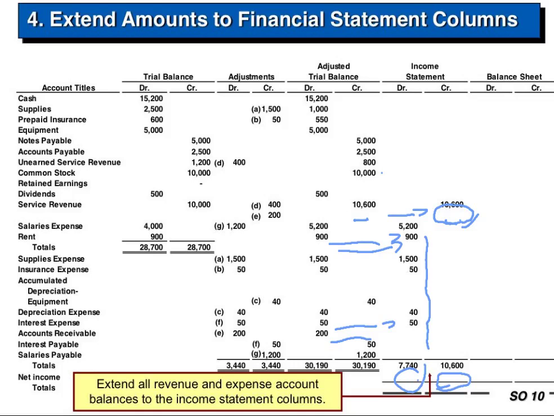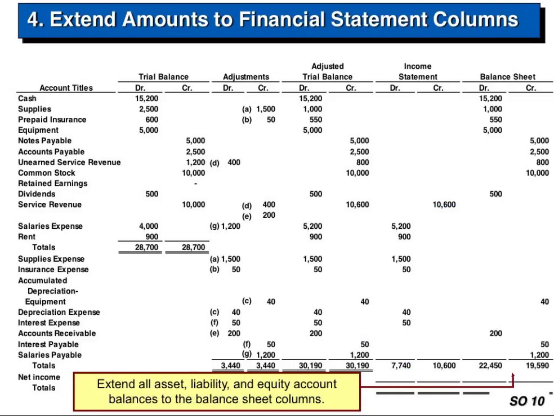We next do the balance sheet. All the others now are moved over to the balance sheet. They were assets in the adjusted trial balance, and they are assets in the balance sheet. We put them all together, we summarize, and dividends is brought over here too. We put it in here, and lo and behold, the debits are greater than the credits.